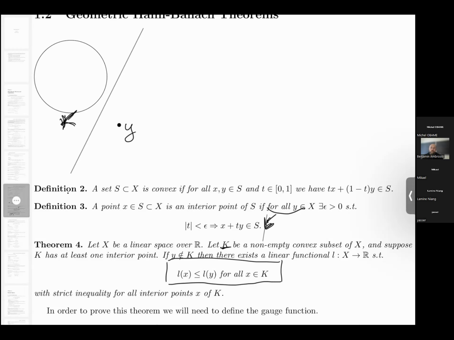So next, if Y is not in K, then there exists a linear functional L from X to R such that L of X is less than L of Y for all X in K. Furthermore, you have a strict inequality for all interior points X of K.